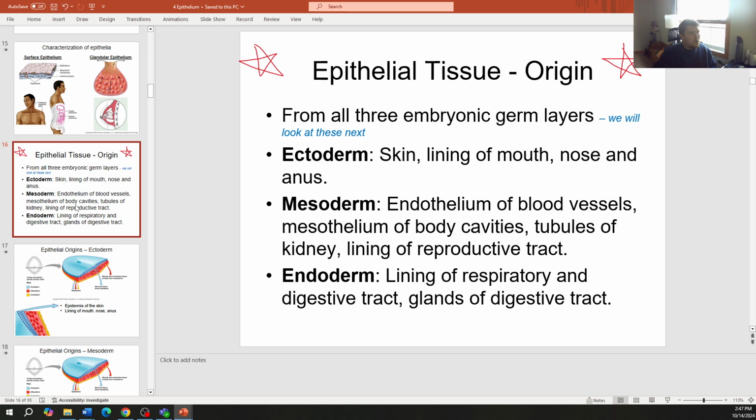Now, the embryological origin of epithelial tissue is unique in that it comes from all 3 layers. In general, and I'm going to speak in general, this is the best way to remember this: the ectoderm layer deals with nervous system related stuff. Most of our nervous system comes from the ectoderm.